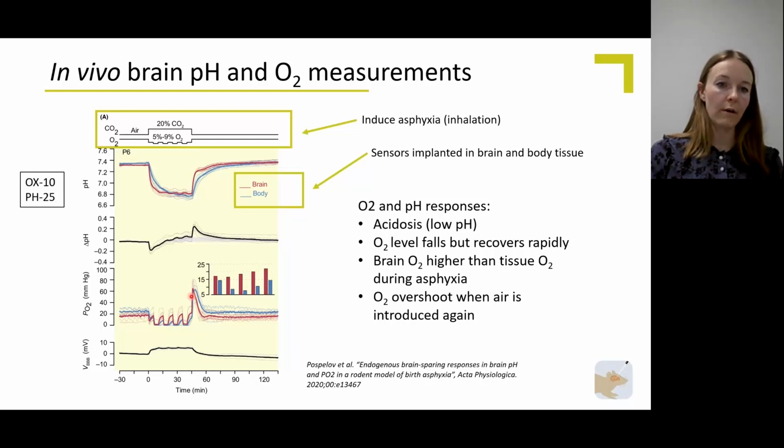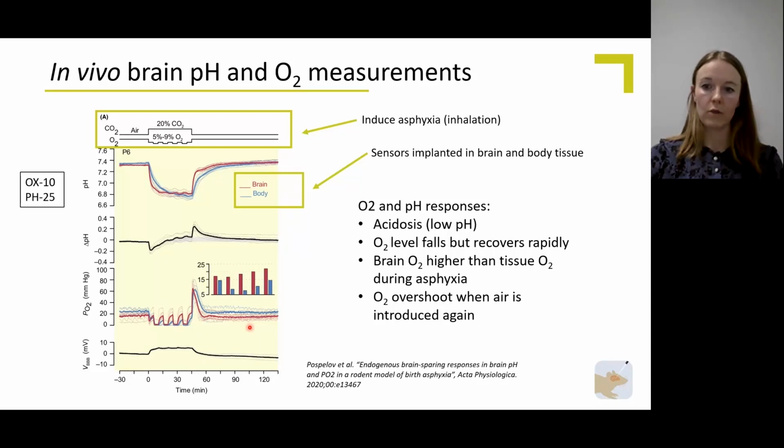That was again recovered when they increased the oxygen levels again. So you could really use the microsensors here to describe these detailed responses of pH and oxygen when they induced asphyxia in the rats.